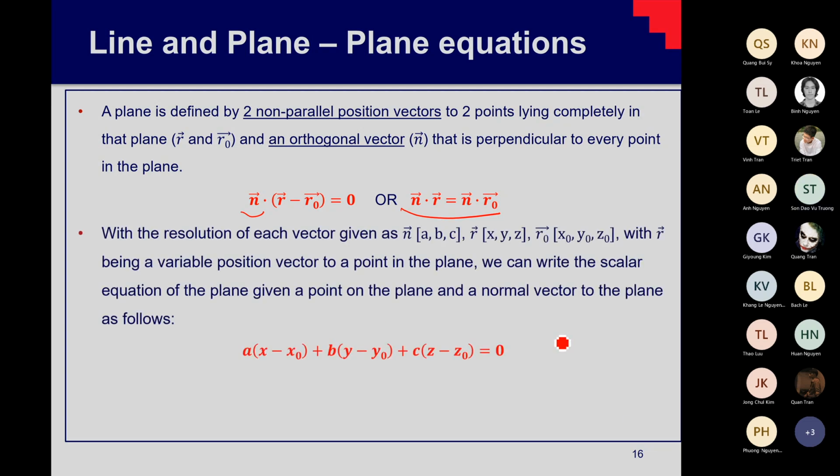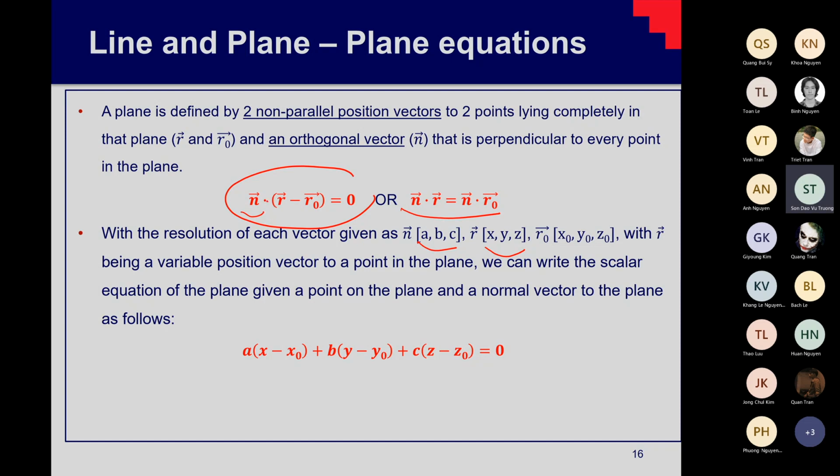And since we already know the components of each vector, like n vector is (a, b, c), r vector is (x, y, z), r0 is (x0, y0, z0), and r vector is a variable position vector to a point in the plane. So we can rewrite the scalar equation of the plane. So we have (a, b, c) for the n vector, and r vector minus r0 vector will be (x minus x0, y minus y0, z minus z0).